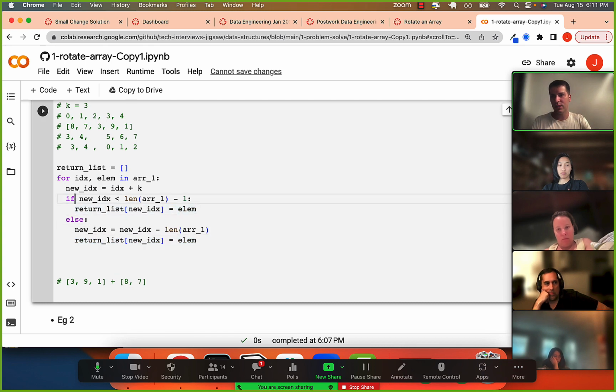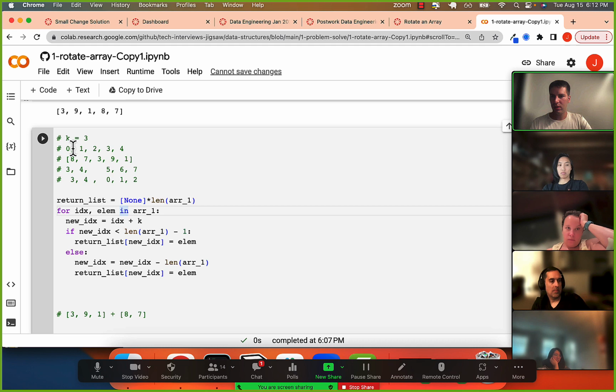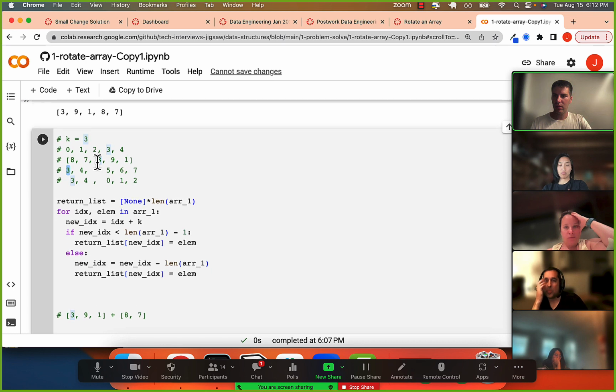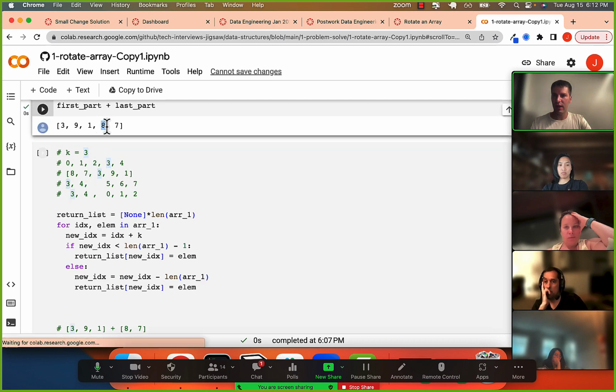We can do some refactoring here. We're going to have to populate this list, so I'll just do None times the length of the list. So I'm going to populate a list of null values, then go through each element in the array and set in this list, at position 3, the value of 8.